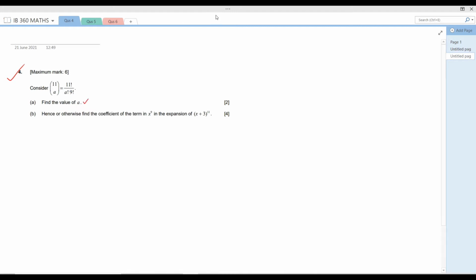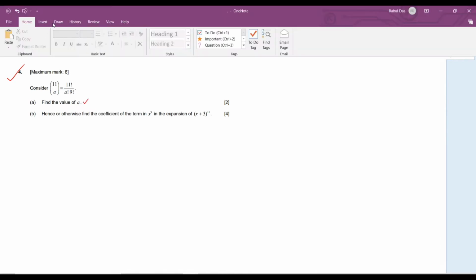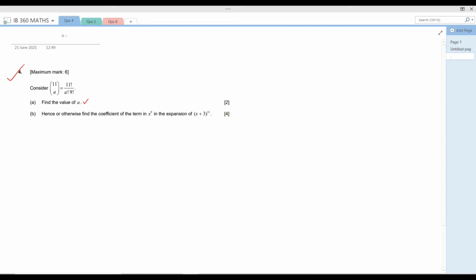This is a very easy question, but for this you need to remember the formula. The formula is nCr equals n factorial divided by r factorial into (n minus r) factorial. So this is the formula. Now we just need to put the formula here.